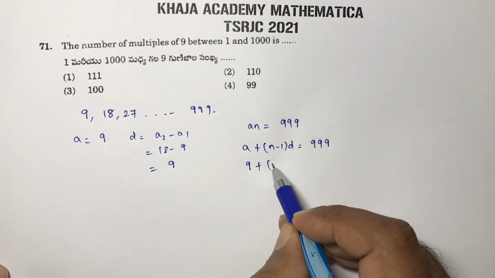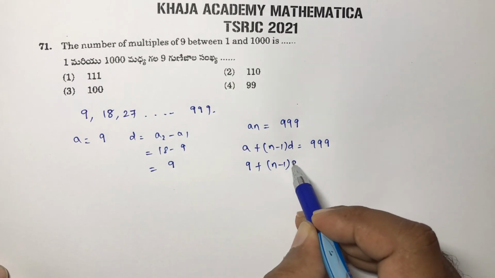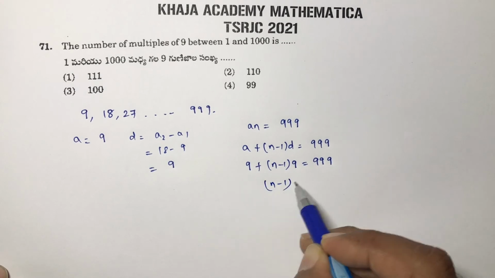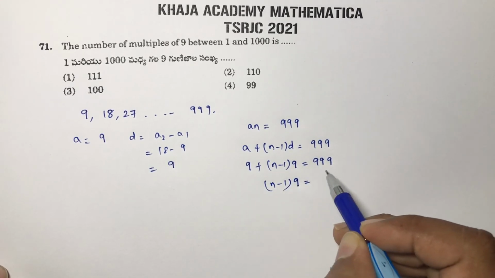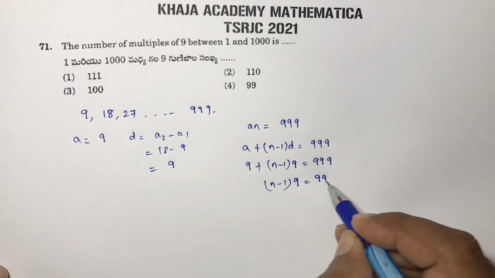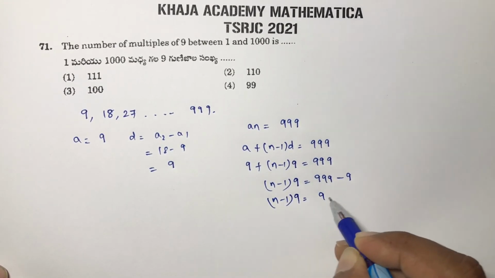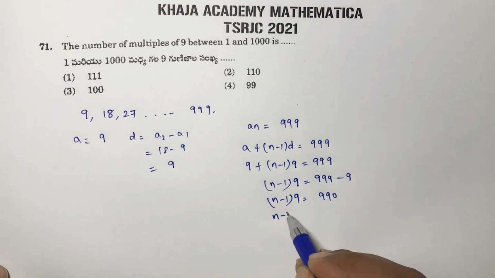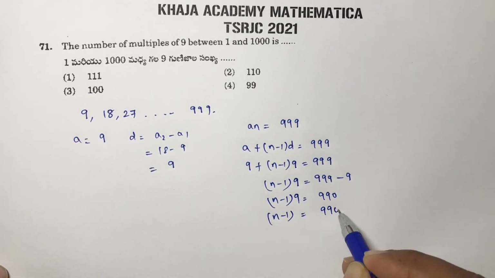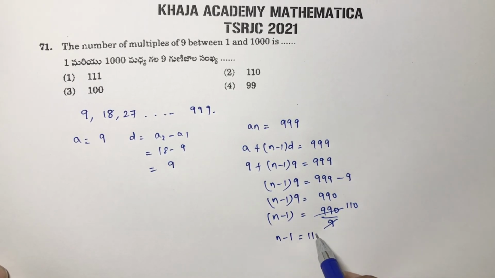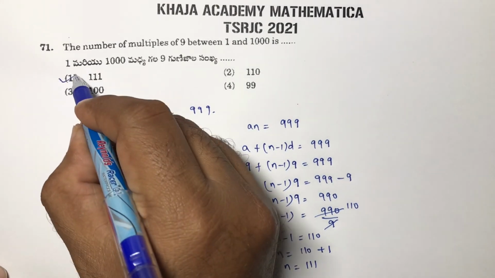The a value is 9, n minus 1 into 9 equals 999. So n minus 1 into 9 equals 999 minus 9, which is 990. So n minus 1 equals 990 by 9, so you'll get 110. n minus 1 is 110. n equals 110 plus 1. n equals 111. So the correct option is 1.